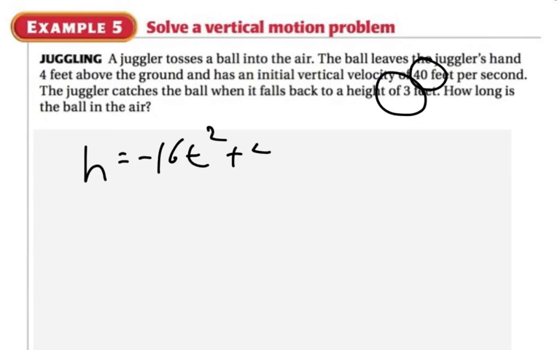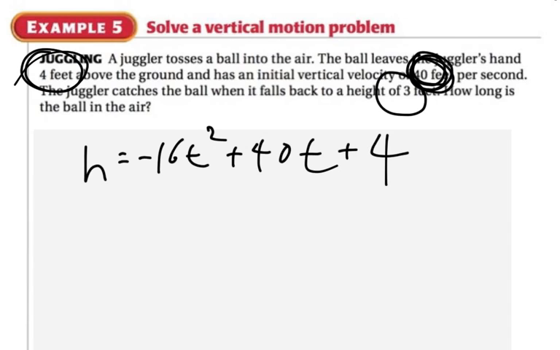We're going to do plus 40t because he's throwing it up 40 feet a second, so it's an upward velocity of 40, and the initial height is 4 feet. That's how high his hand was when he tossed it. And we want to know when the ball is at 3 feet. So we want h to equal 3.